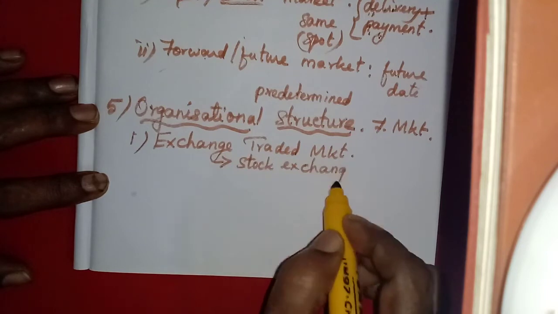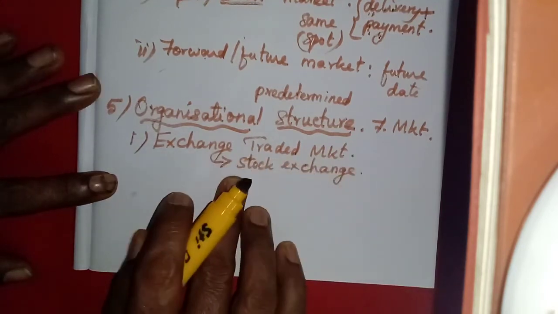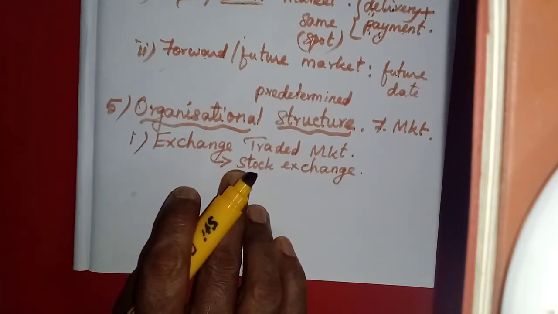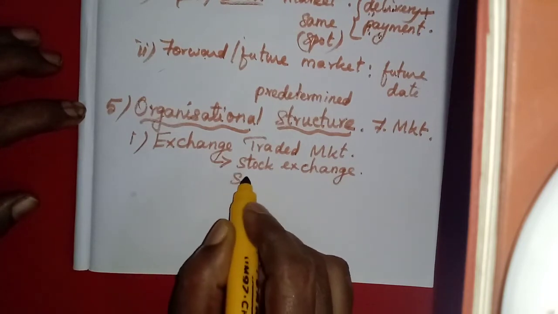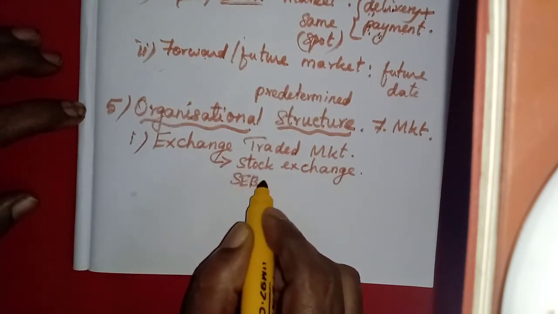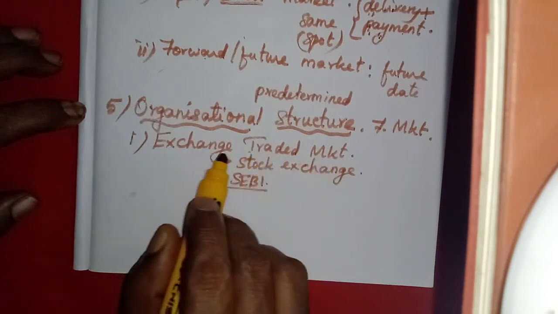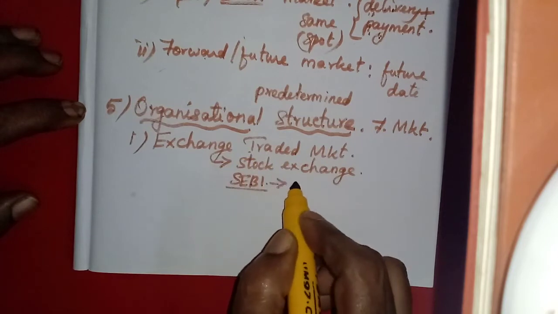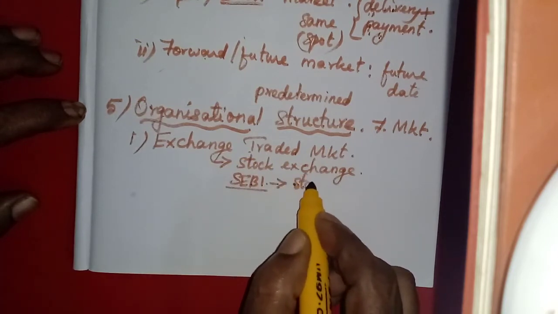Here the stock exchange is organized by some standard procedures, and SEBI is the regulatory body for this exchange traded market. So we can say it has standardized procedures.